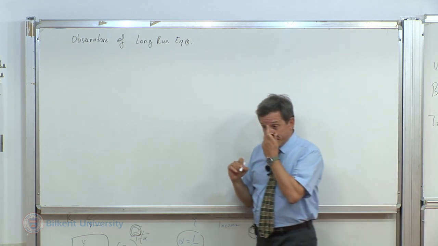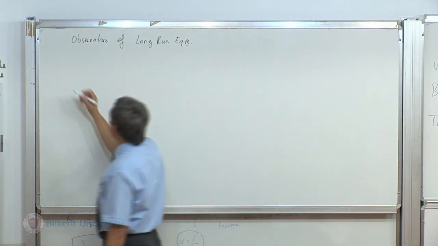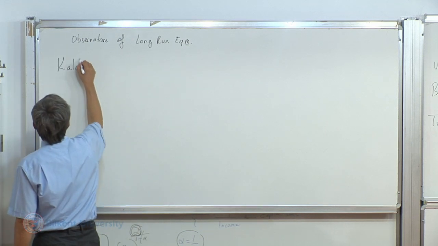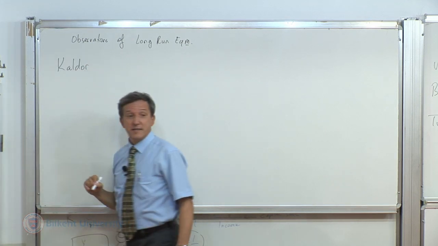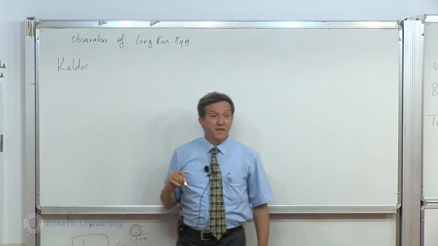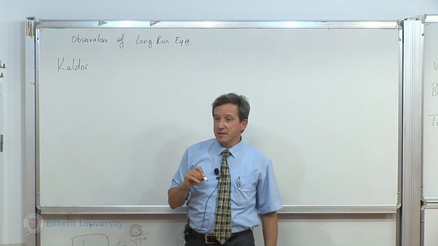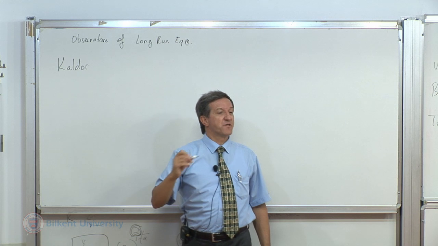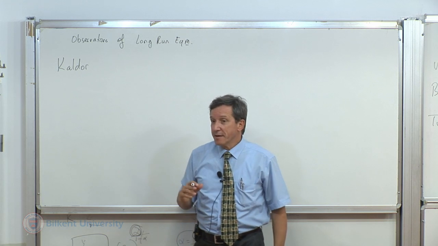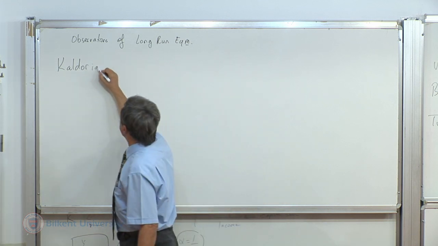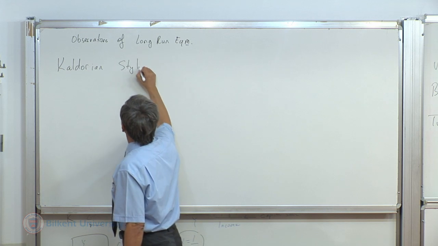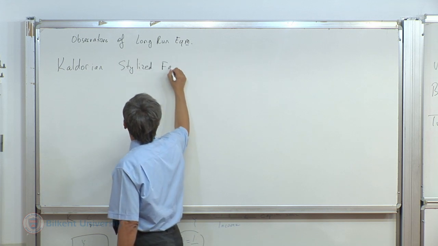Nicholas Kaldor, the Cambridge economist, in his 1961 paper, came up with a number of observations that he called stylized facts. And since then, these have become the Kaldorian stylized facts.